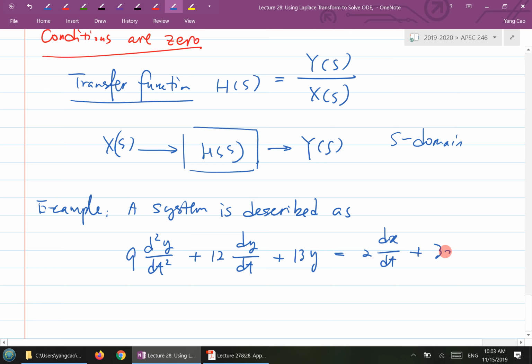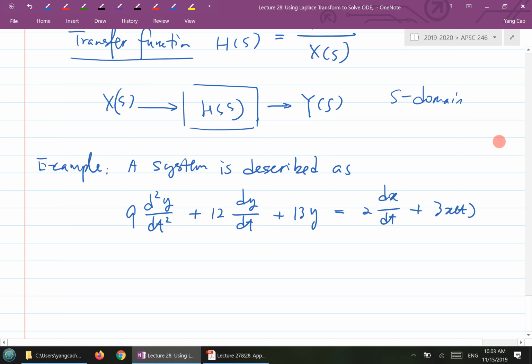So let's say we have a system that's described by this second order ODE. x of t is input, and y of t is output.